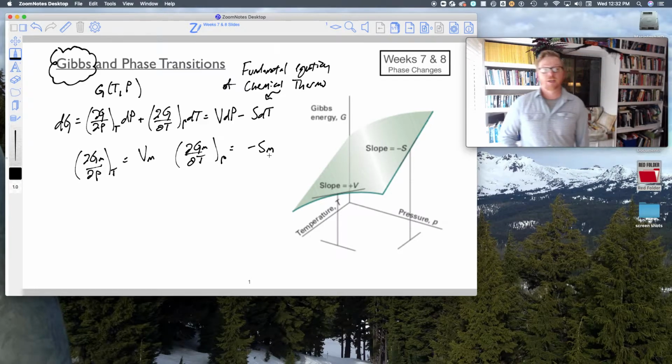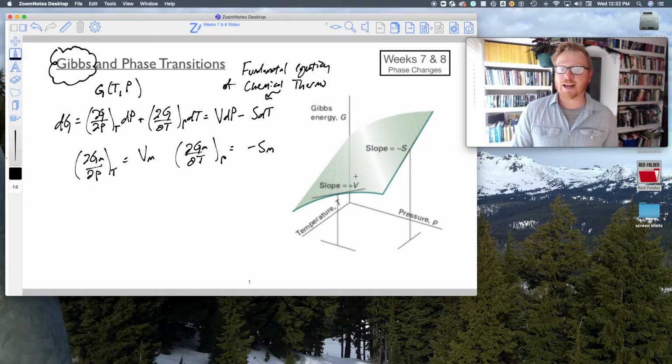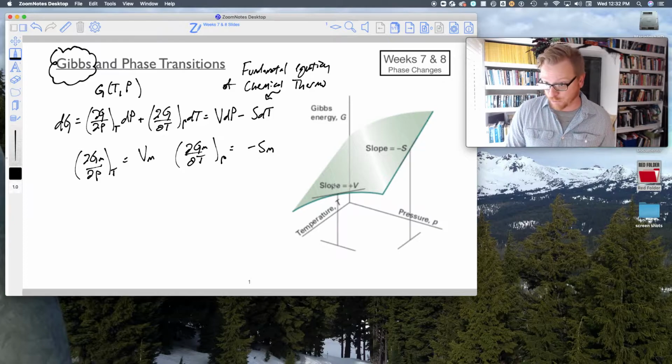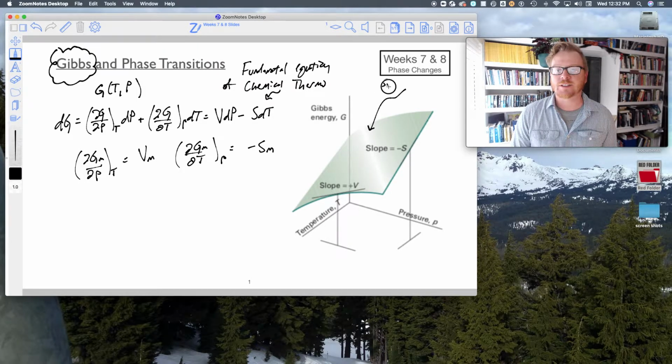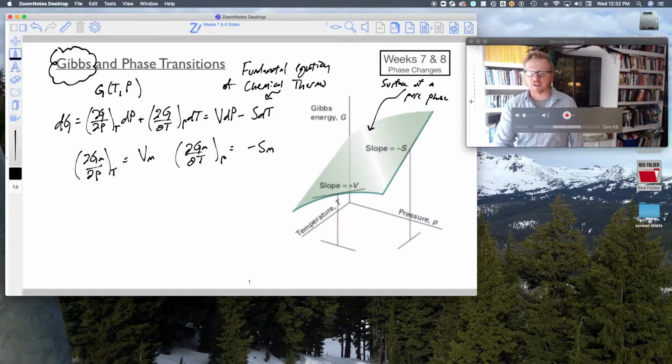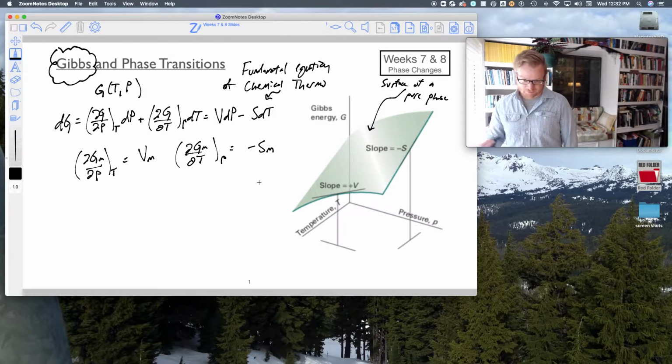And then similarly, the partial of molar Gibbs free energy with respect to temperature at constant pressure is negative molar entropy. So now what I have here to the right is a free energy surface, where we've got G on the z-axis, and then T and P represent the x and y axes. And this would be a surface of a pure phase. So that could be the solid, the liquid, or the gas.